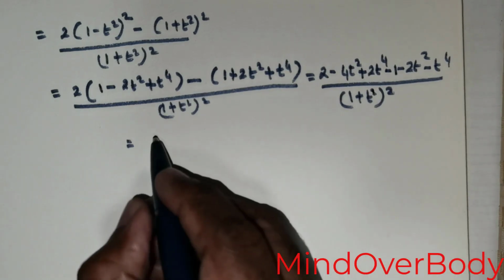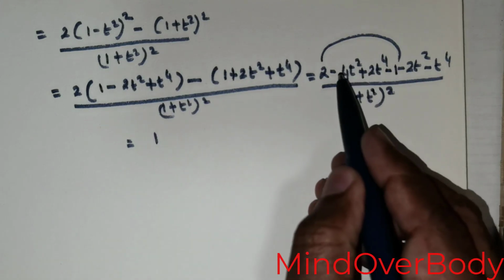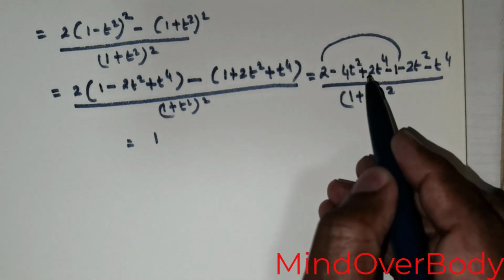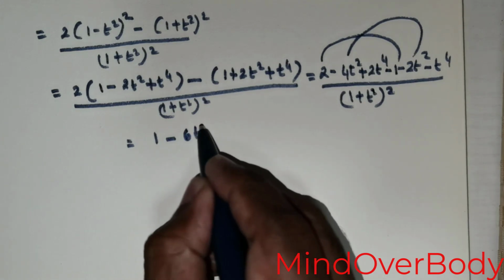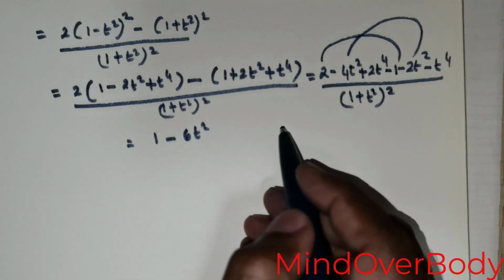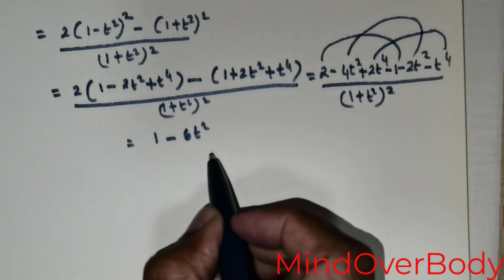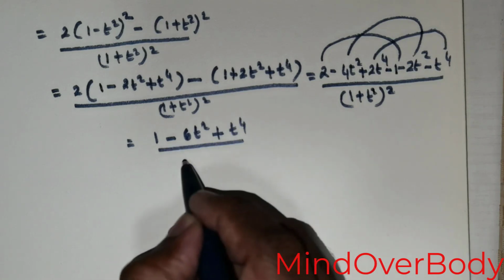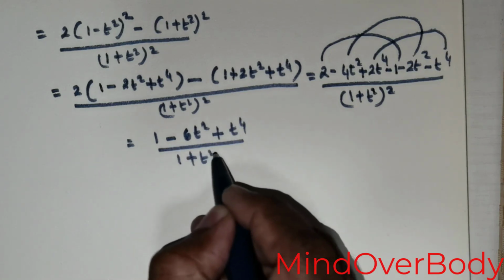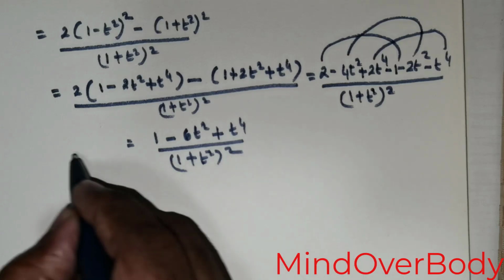Now I'm going to add 2 with −1, that's going to be 1. Add −4t² with −2t², that's going to be −6t², followed by t⁴: 2t⁴ with −t⁴ is going to give me positive t⁴, divided by (1 + t²) raised to the power of 2. Now what is this?